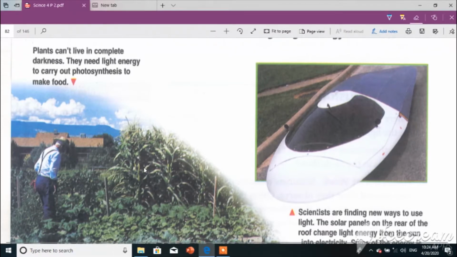It helps plants make their own food by the process called photosynthesis, that you learned in the first semester. All plants need water, light, air, especially carbon dioxide, and soil in order to live.